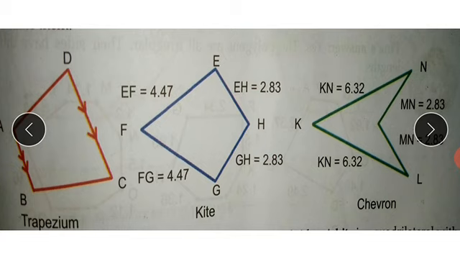It has a pair of parallel sides, line AB and line BC, or segment AB and segment BC. That's why this one has one pair of parallel sides. I will repeat, this is a trapezium.